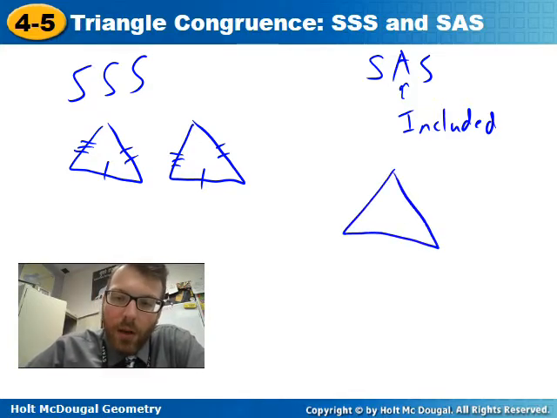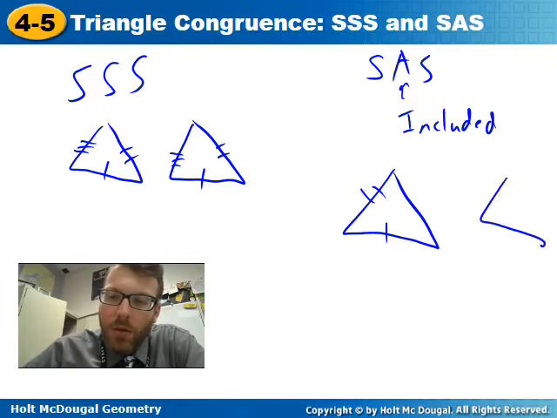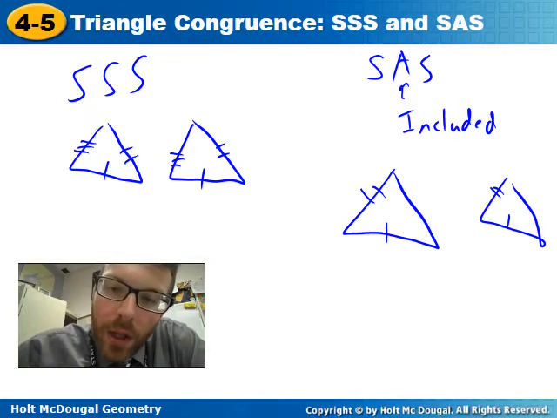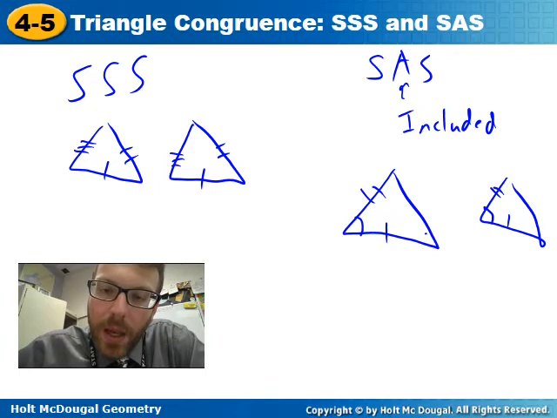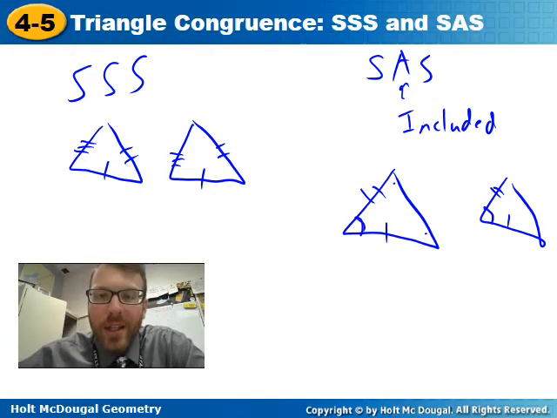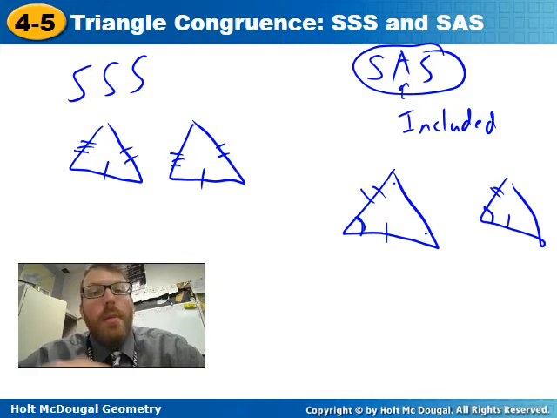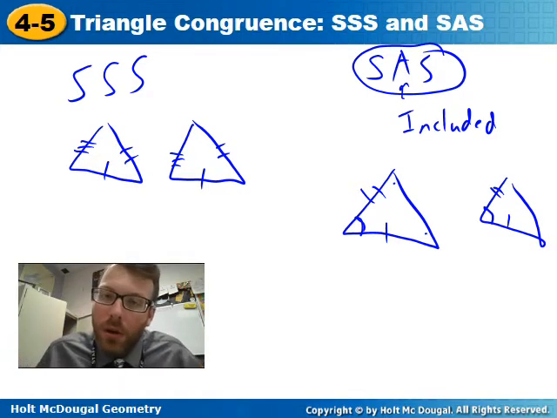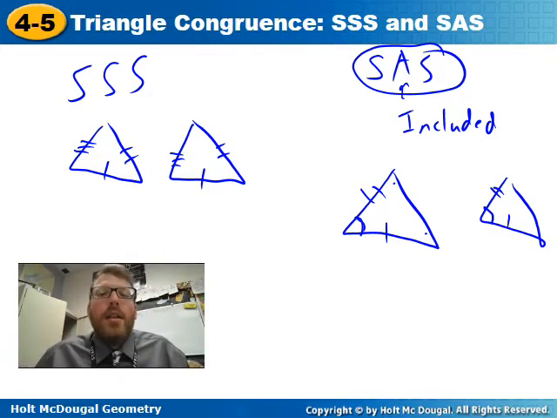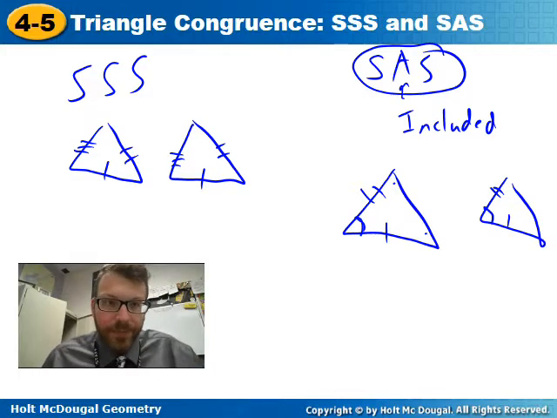If I have a triangle and I show that these 2 sides are congruent to another triangle's 2 sides, the included angle is between the 2 sides. So it cannot be here and it cannot be here. It has to be here because it's included. If I show this property, then these 2 triangles are congruent, and that means all the parts that go with it are congruent: the other side and the other angles. Okay?